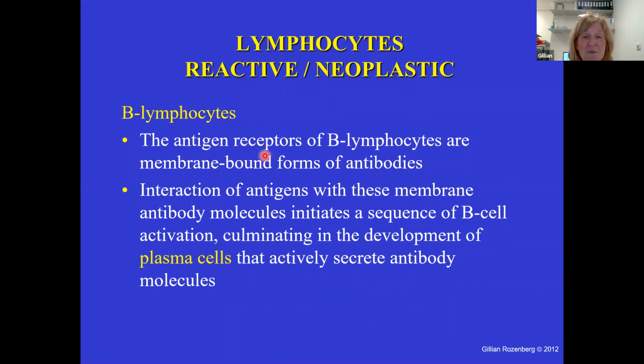The antigen receptors of B lymphocytes are membrane-bound forms of antibodies. Interaction of antigens with these membrane antibody molecules initiates a sequence of B cell activation, culminating in the development of plasma cells that actively secrete antibody molecules.